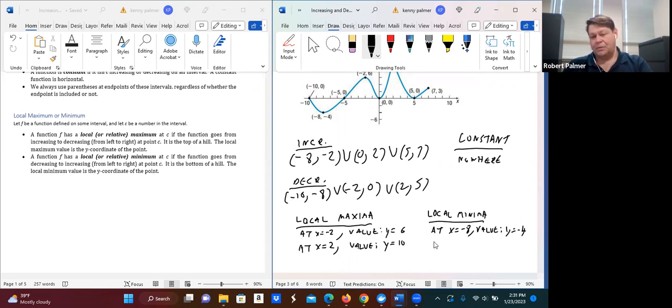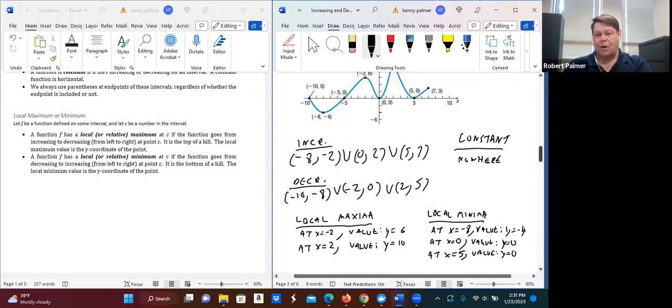Last one is 0, 0. So at x equals 0, the value is y is equal to 0. And then our third one, we have a third one right here, at x equals 5, and the y value is also 0. It turns out to be 0 as well.